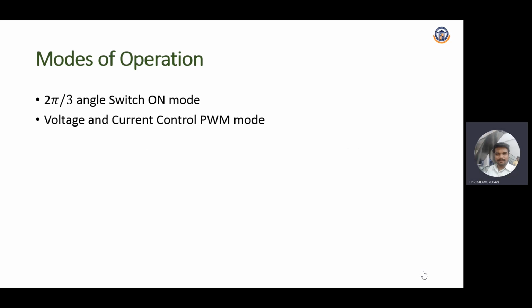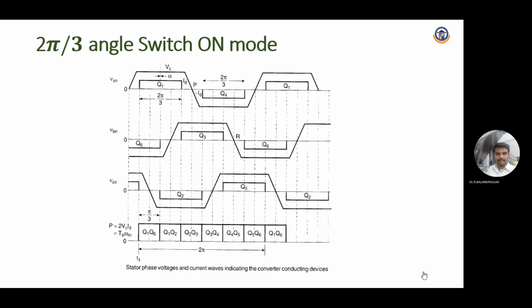Let's see the 2 pi by 3 switch-on mode. This is the 2 pi by 3 angle switch-on mode, which is 2 into 180 degree divided by 3, the switching angle given for every switch. You can see at the bottom of the waveform the switching sequence is given. Two switches are connected in a single interval of the sequence.